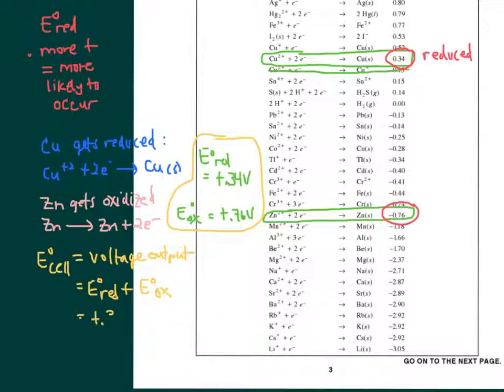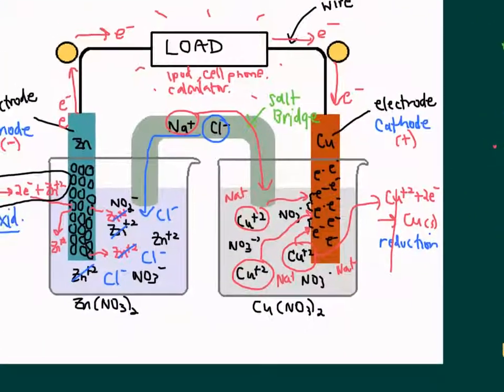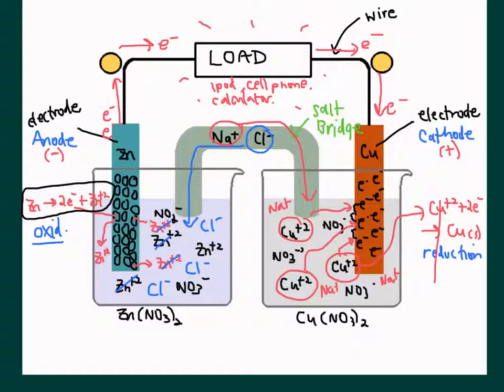So I'm going to take its 0.34 volts right here and add that to the positive 0.76 volts that we get from the zinc, and when I add those two together, I get a positive 1.10 volts. So if I go back to my battery over here, that means I should be producing 1.10 volts of electrical energy, or voltage, for my load. That's how much electricity is coming out of that.